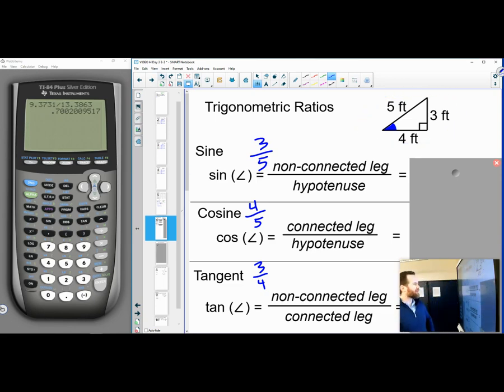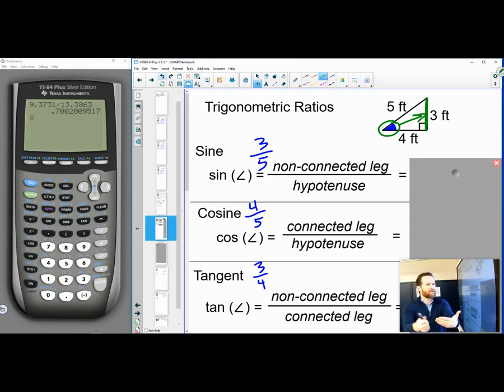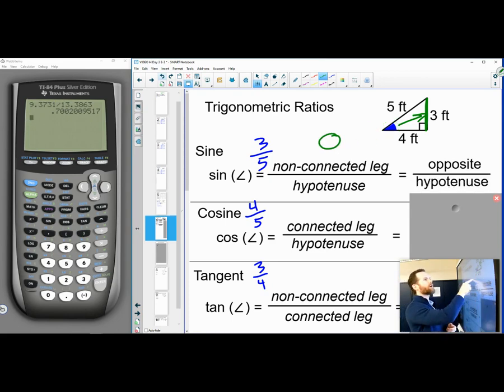But we actually have some better vocab besides non-connected leg and connected leg. Let's do this in a different color so it stands out. If we're focused on this angle right here, the non-connected leg of 3, that's across the shape from it. So the side that's across an angle, that's called the opposite leg. So we can also call sine the opposite over the hypotenuse.